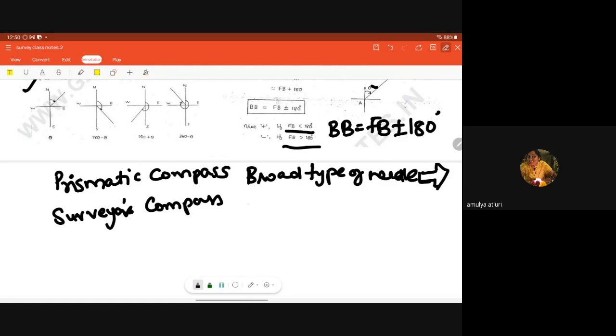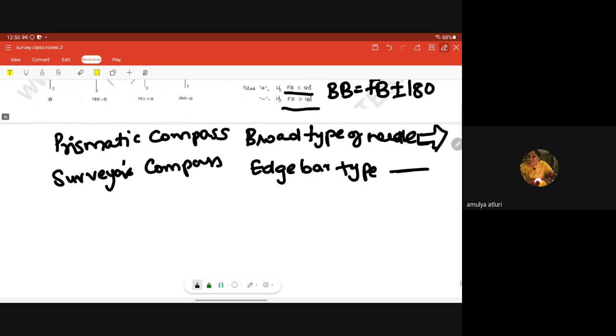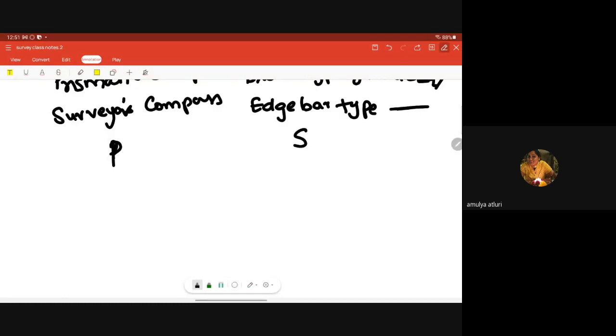Surveyor's compass has an edge bar type needle, which will be like this. Okay, let's write it like this: prismatic and surveyor's compass.